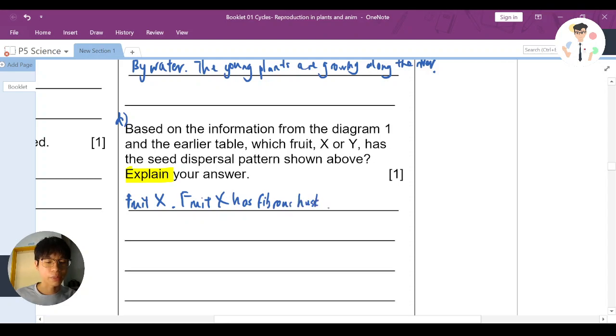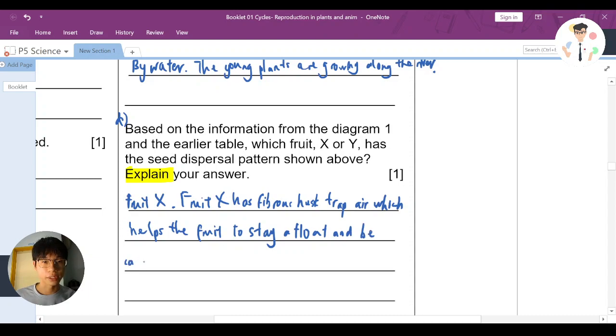This fibrous husk is able to trap air, which helps the fruit to stay afloat and be carried away by the water current or by the river flow.